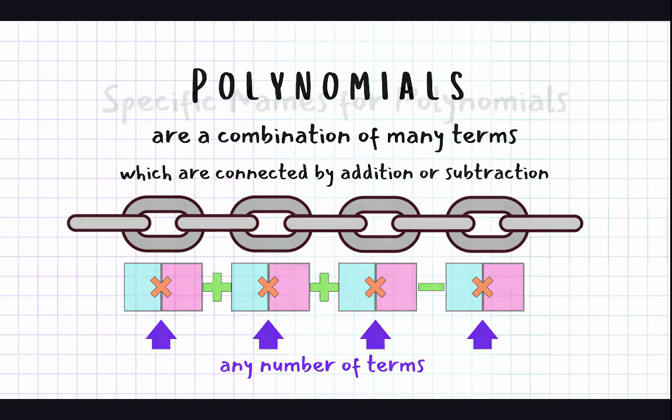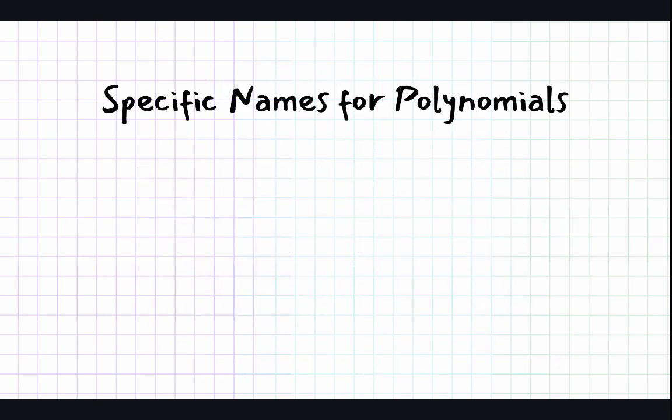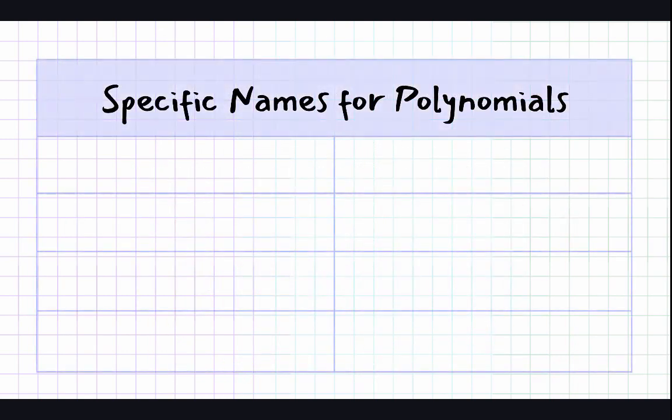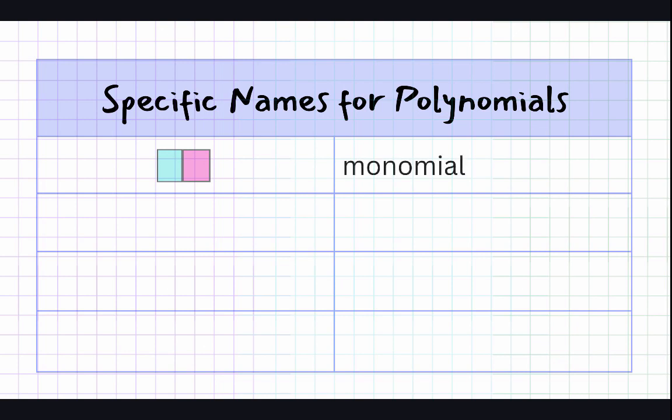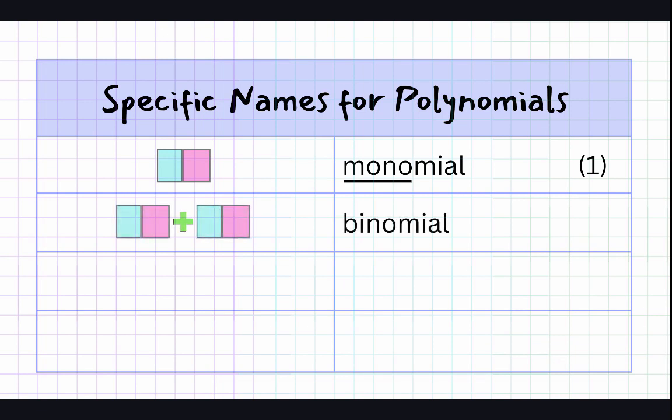But there are a few specific names that are used to describe polynomials with a certain number of terms. If there is only one term, which isn't really a chain, then we call it a monomial, because the prefix mono means one. If there are just two terms, then we call it a binomial, because the prefix bi means two.